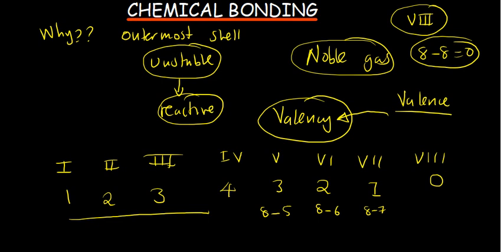So this one has got 6 valence electrons, meaning we have got 6 electrons in the outermost shell. This one has got 7 valence electrons, but it has got a valency of 1. Valence electrons are electrons in the outermost shell. The valency is just the combining power of an atom or element.